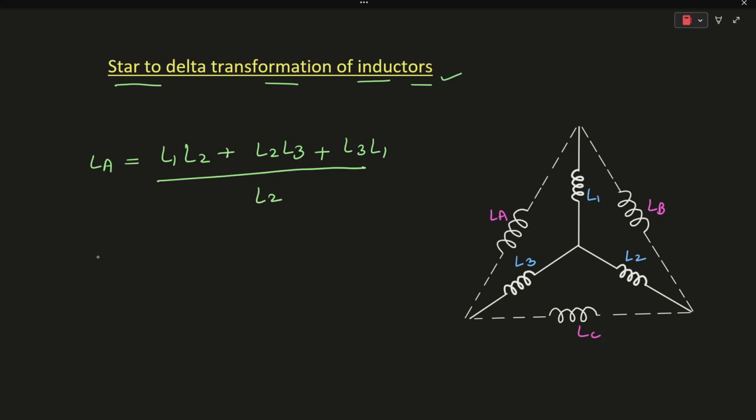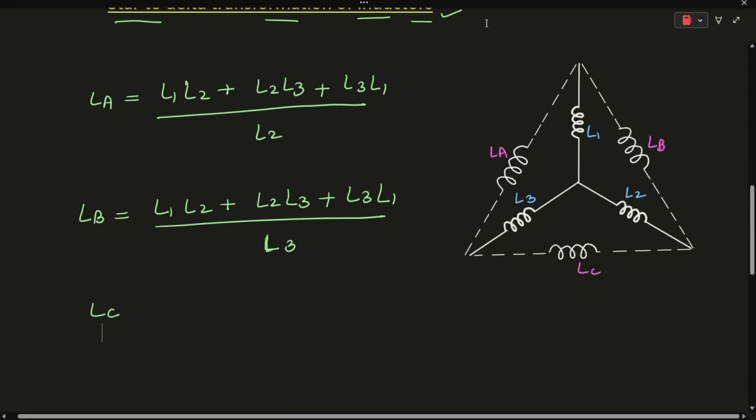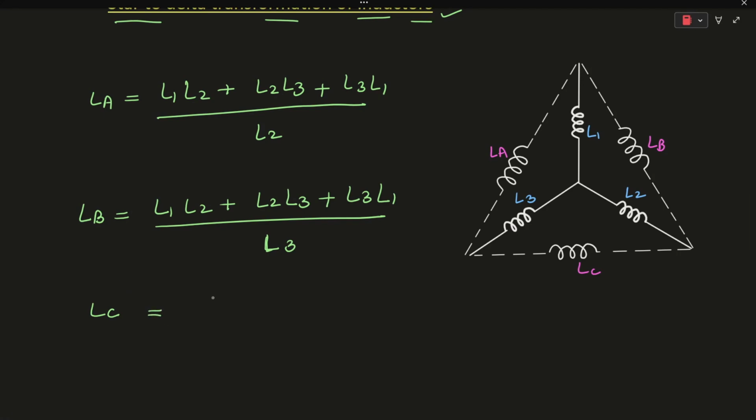Similarly, LB will be equal to L1 L2 plus L2 L3 plus L3 L1 over L3. And LC will be equal to L1 L2 plus L2 L3 plus L3 L1 over L1. So I hope it is clear.